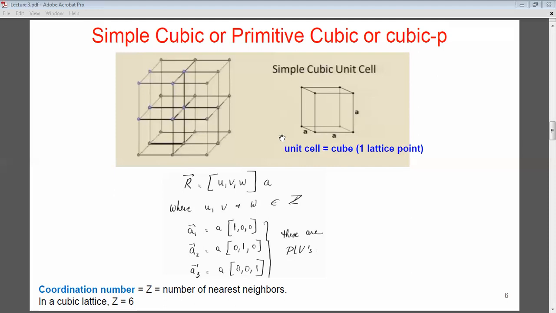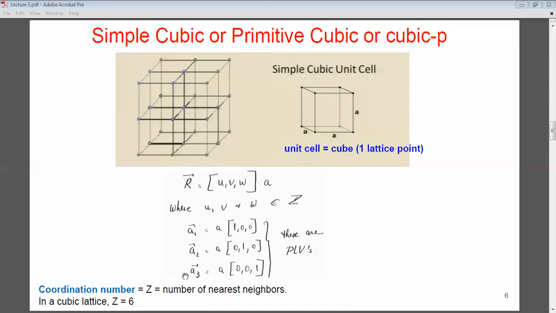Okay, we can write down the lattice points in a more proper way. If I want to reach any point in the lattice, which we refer to as R, remember, this is equal to u, v, w times the lattice edge length a, where u, v and w are integers. Now we were told that we should be able to write lattice points as integer sums of the primitive lattice vectors.